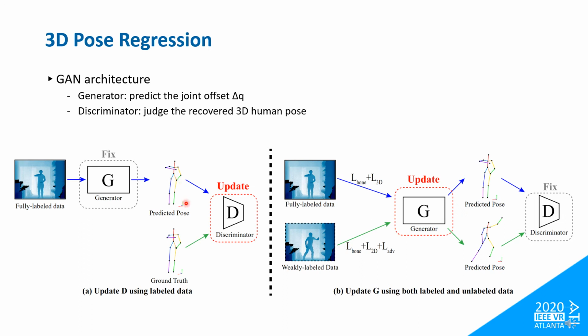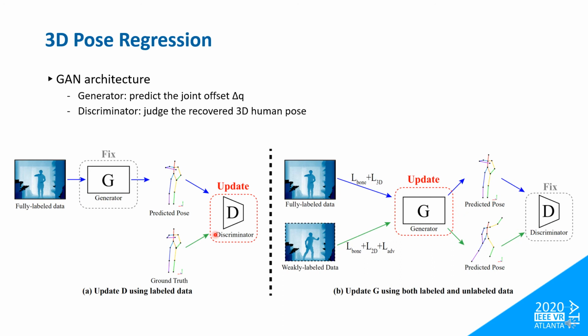The discriminator network uses the predicted 3D joint position as input and predicts whether the predicted 3D joint position is real or fake. The discriminator consists of two fully connected layers with leaky ReLU function and skip connections, and one fully connected layer with a leaky ReLU function, another fully connected layer, and a softmax function.